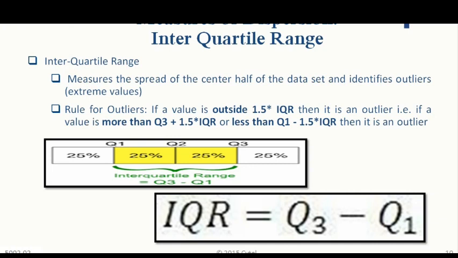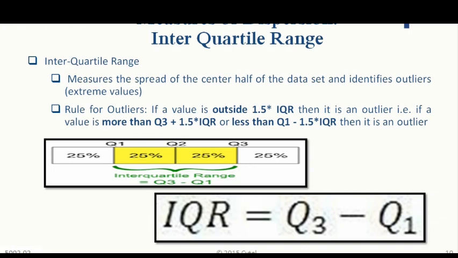Based upon these quartiles, Q1 and Q3, here is a diagram that shows the splitting of the data into 4 equal parts, 25%, 25%, 25% and 25%. These partitions Q1, Q2, Q3 are splitting the data into 4 equal parts. It is important to notice that one has to arrange the observations in increasing order of magnitude. If you don't do that, your values of Q1, Q2, Q3 are not correct.